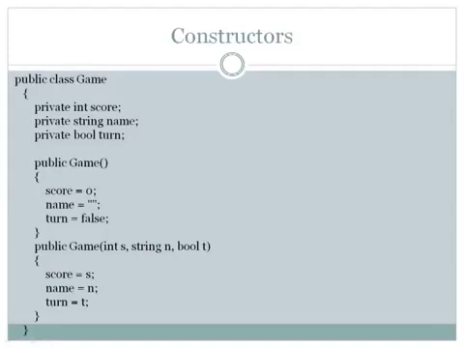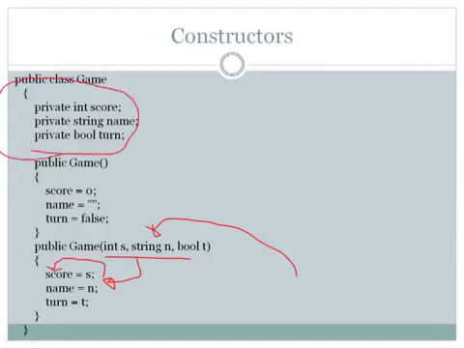In the second one, I have a parameterized constructor where I am actually going to take all of the information for the score, the name, and the turn. So they would come in from wherever this was called. It would then load those values into S, N, and T, and they would in turn set the class variables that are up here and part of my class.